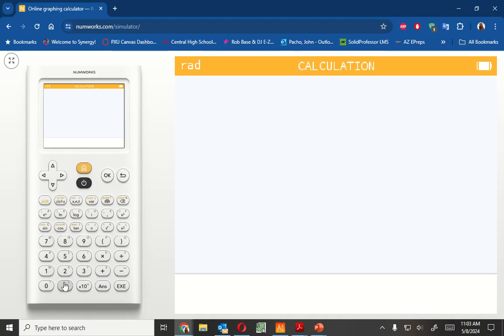So 19 squared plus 15 squared. So I get 586.